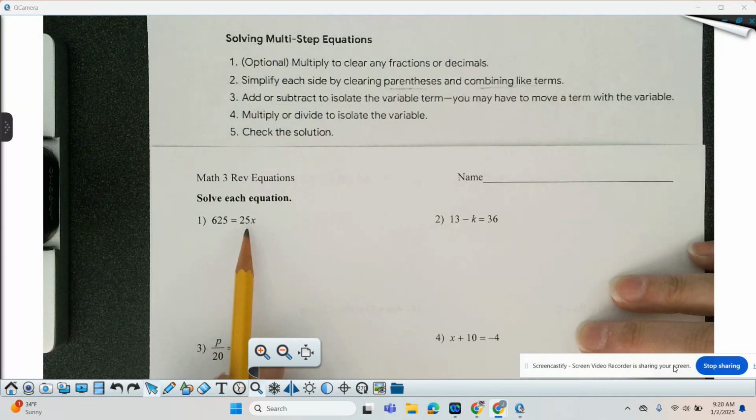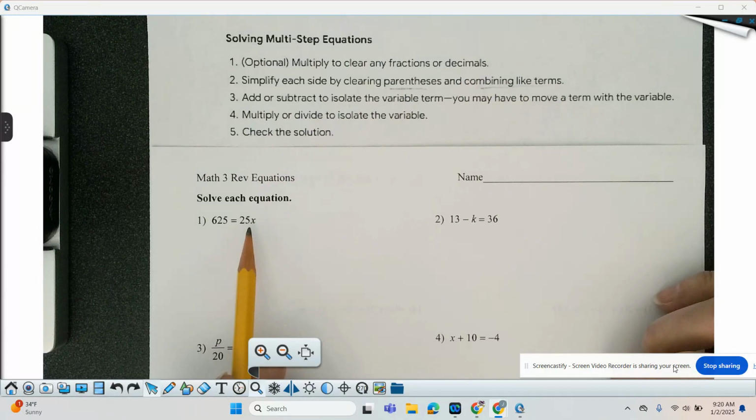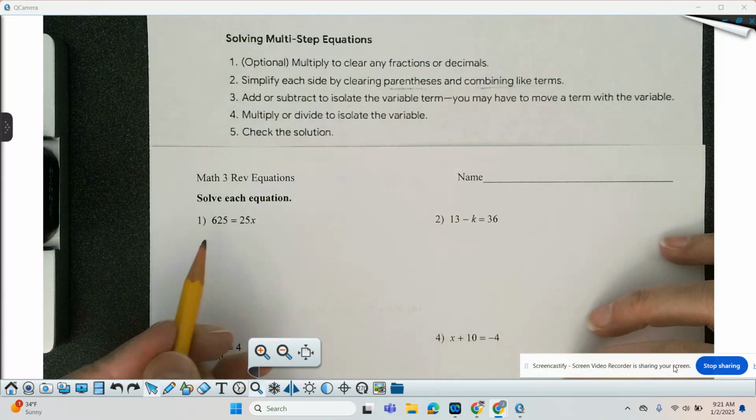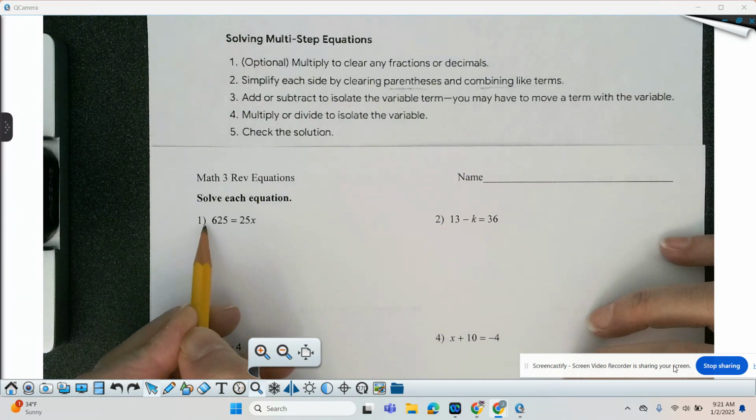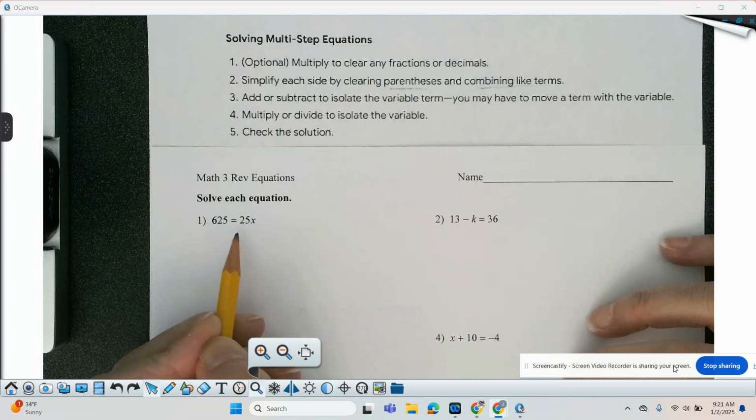We're either going to add or subtract to isolate that variable. Again, there's nothing being added or subtracted, so we're going to jump right to number 4, which says multiply or divide to isolate the variable. So when I look at this question, I see 625 equals 25 times x. If I'm multiplying 25 times x, to get the x by itself, which is my goal, I need to undo that operation, do the opposite operation.